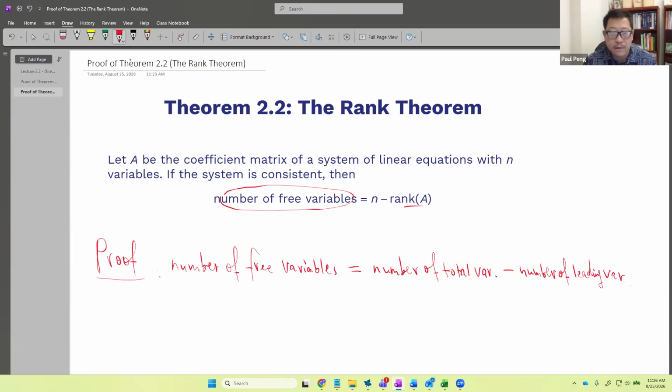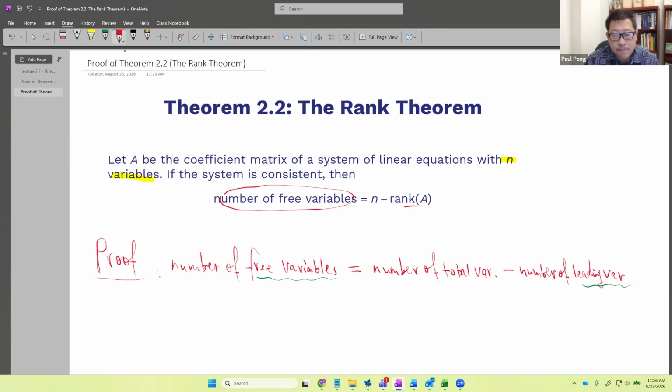So we have two types: one is a free variable, one is called a leading variable, and the sum is the total number of variables, which is determined by n. It says n variables.